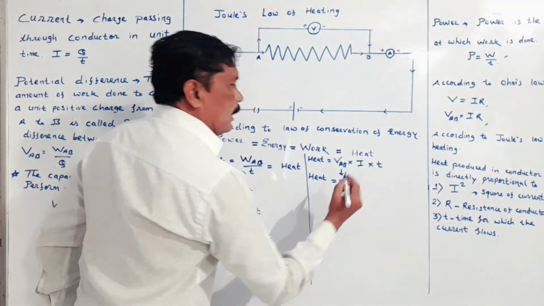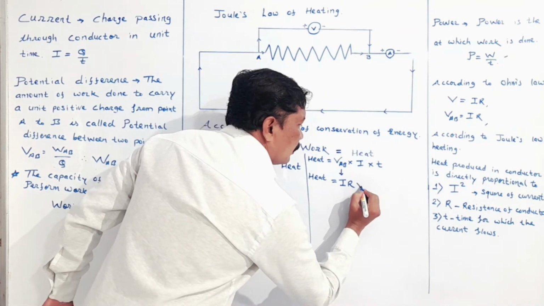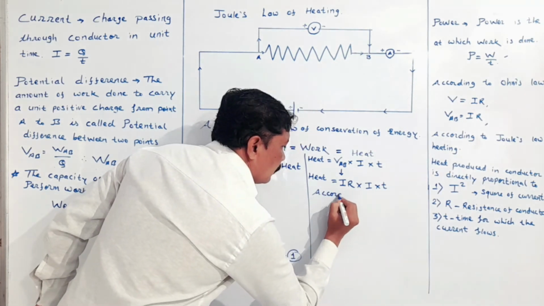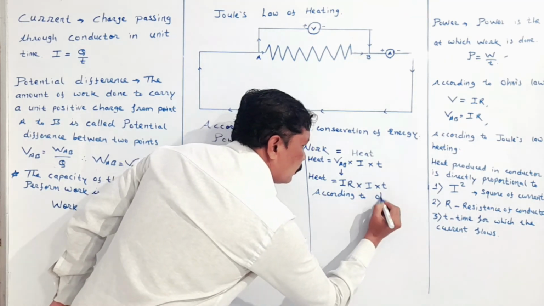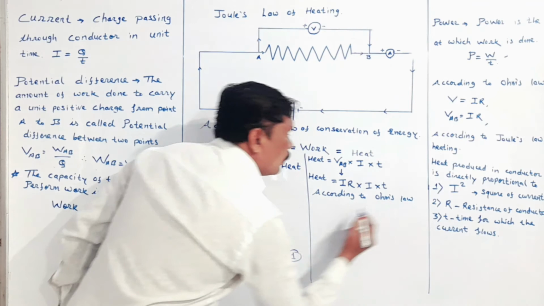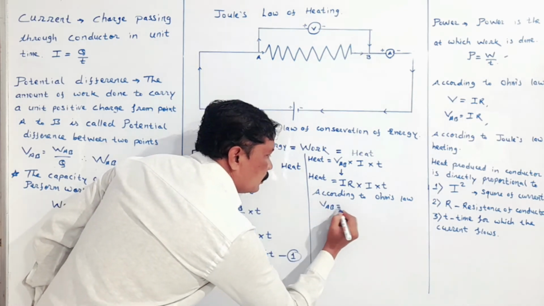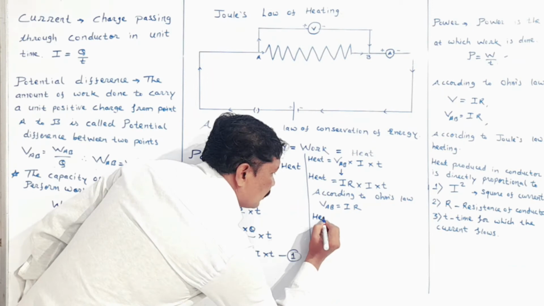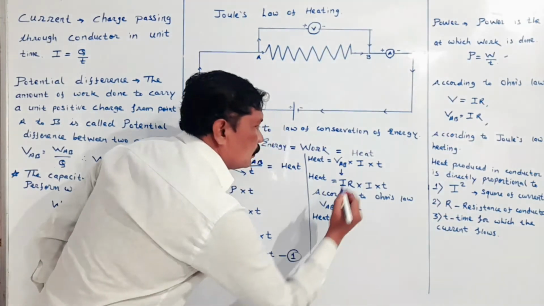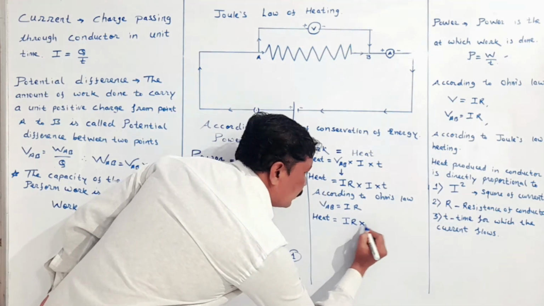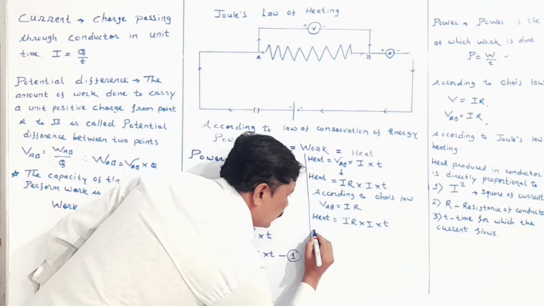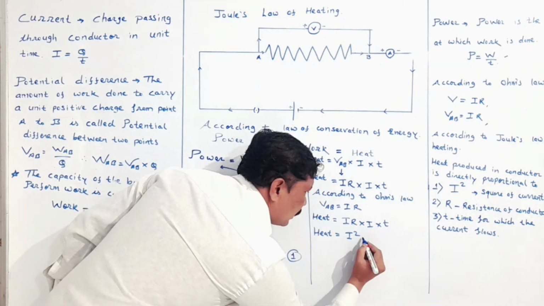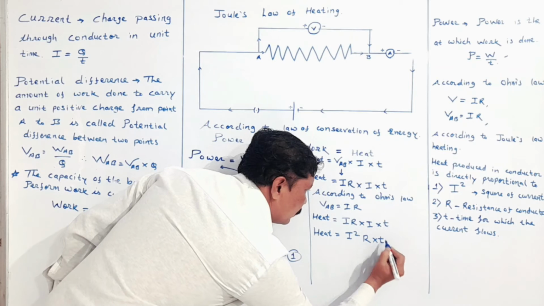Heat is equal to IR into I into T. Now, my dear student, we have got an equation: heat is equal to IR into I into T. Heat is equal to I square into R into T.